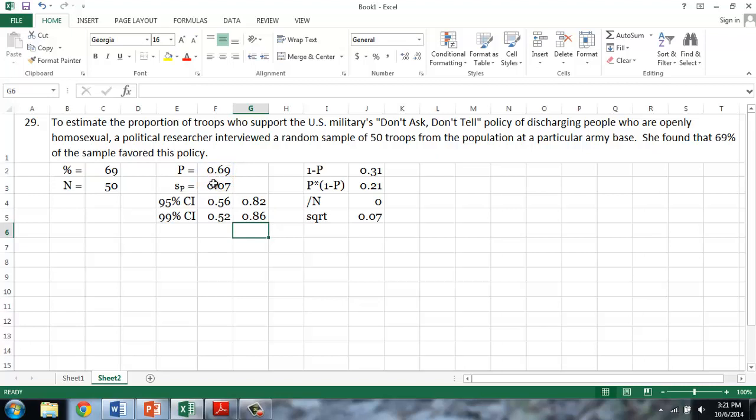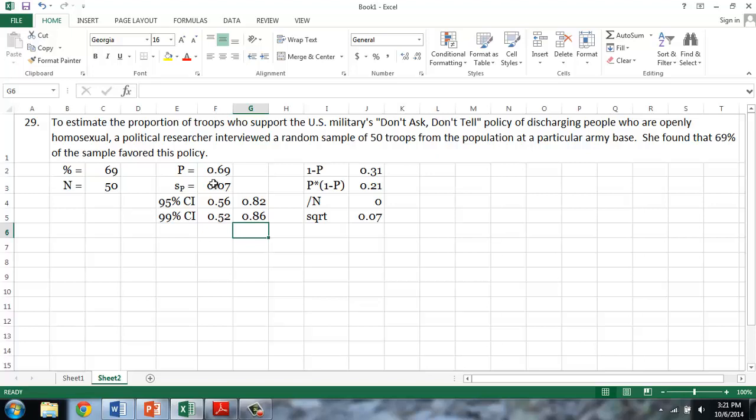We can be 99% confident that the population proportion that favors the policy is between 0.52 and 0.86, or we can be 99% confident that between 52 and 86% of the population favors the policy.